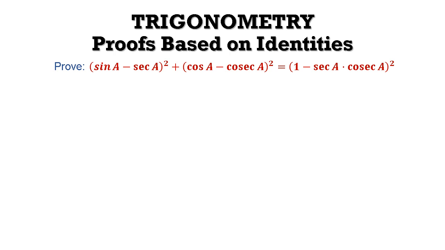Normally we take one side and simplify it in such a way that it gets to be equal to the other side, or we solve both sides and try to reach the same expression. Whichever way we do, we have to choose which side to go with first.